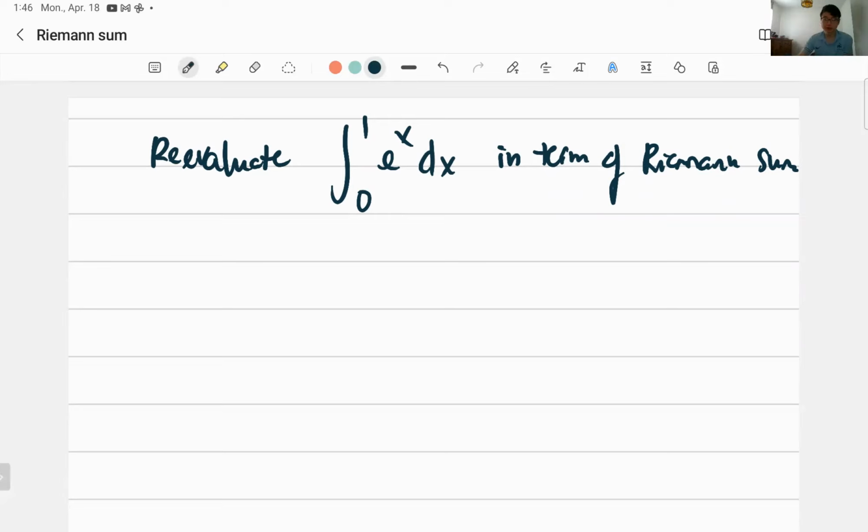So this is where the problem comes from. Okay, and so now, first, the idea is we have to find the area under the curve. The first idea is we have to rewrite this in terms of Riemann sum.